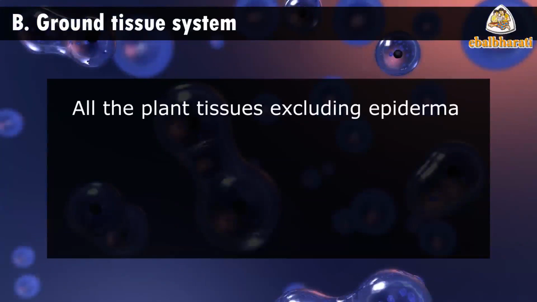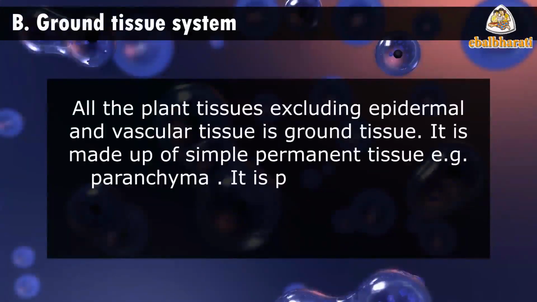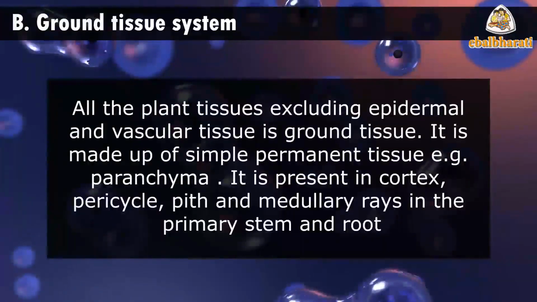All the plant tissues, excluding epidermal and vascular tissue, is ground tissue. It is made up of simple permanent tissues. Example, parenchyma. It is present in cortex, pericycle, pith, and medullary rays in the primary stem and root.